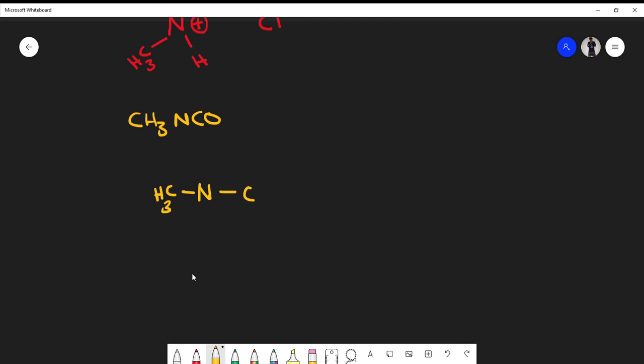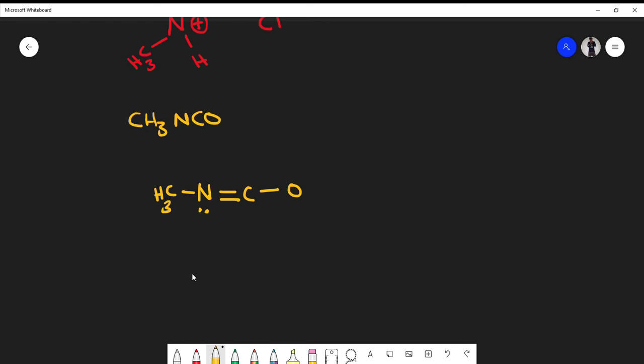But again, I've given you some clues as to how you would tackle these sorts of problems. Now, because I need the nitrogen octet to be full, and you can see that I'm probably going to put an oxygen here, I'm probably going to form a double bond between the nitrogen and the carbon. Now that gives me 2, 4, 6 electrons around my nitrogen. Now I could place a lone pair around the nitrogen, and this would give me 2, 4, 6, 8.